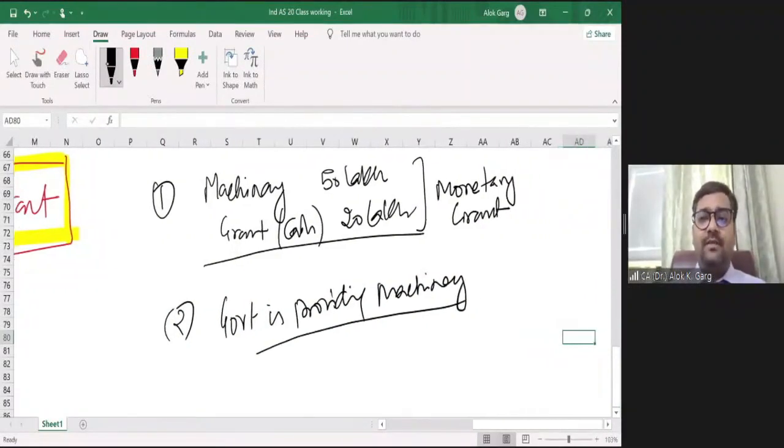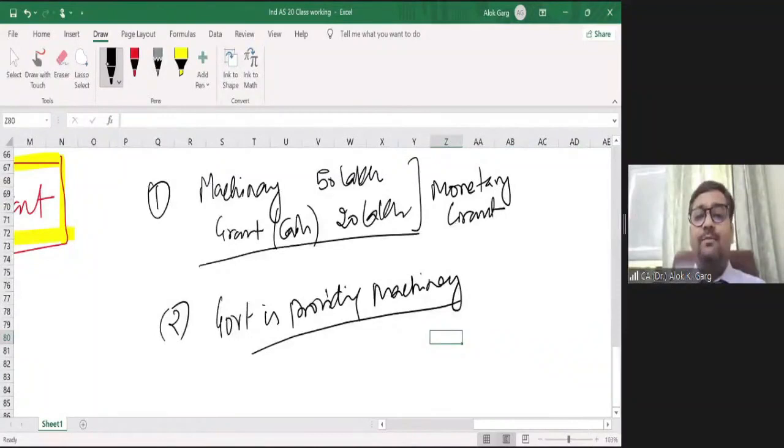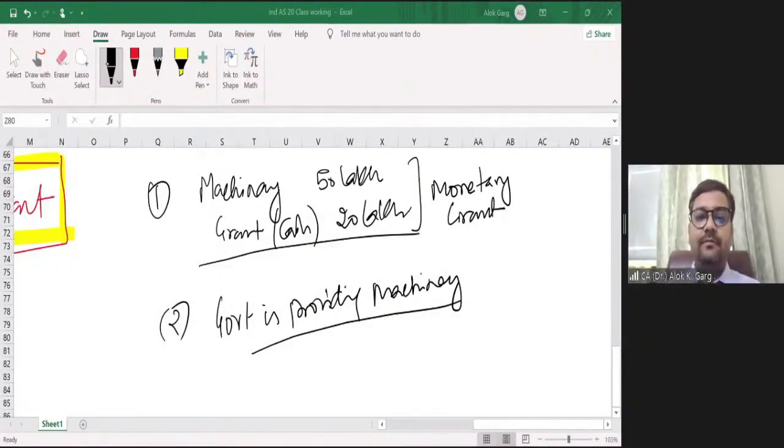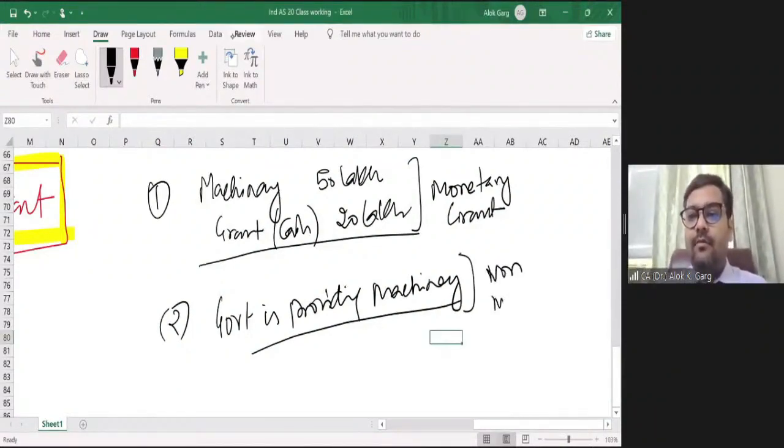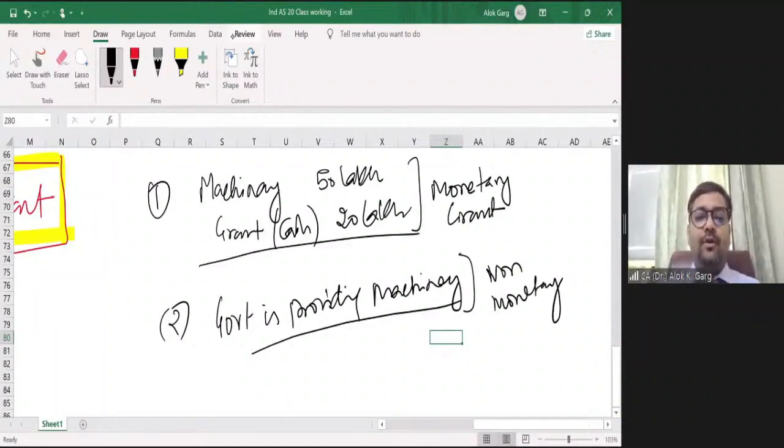What is this? Shraddha, what is this? Pulkit, what is this? The government is providing machinery free of cost. The government is not giving money. So it is a non-monetary grant.